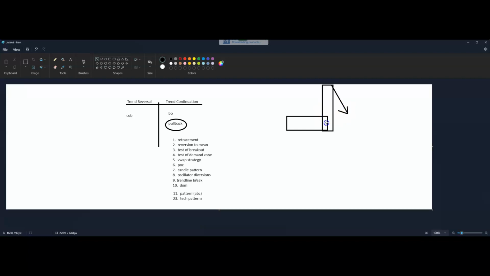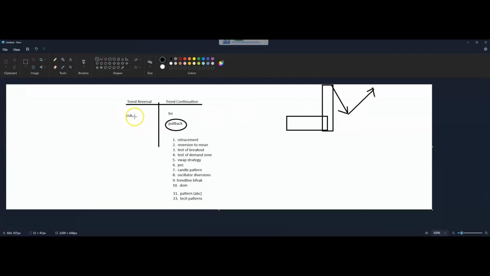I'll know where to enter because of what I know and what I use, and then I can just get the next move. So this is one type. It's basically a pullback. It's a break pullback or rally pullback, get in on the pullback and ride it.